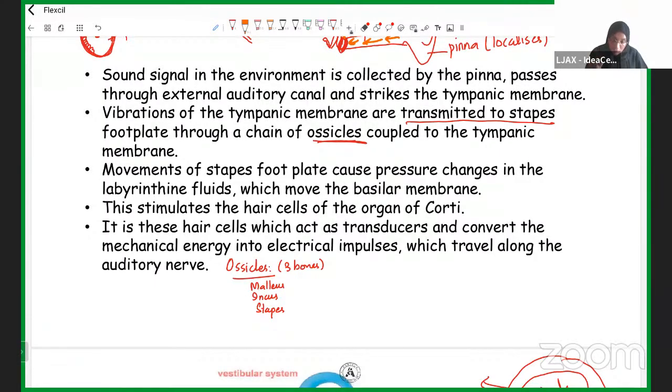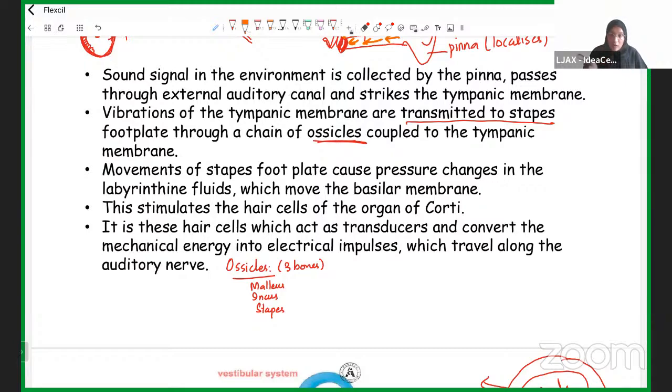From here, the vibrations of the tympanic membrane are transmitted to the ossicles, and from there, to the stapes footplate. Now, the movement of the stapes footplate causes pressure changes in the labyrinthine fluids. These labyrinthine fluids will stimulate the basilar membrane, and this basilar membrane movement will stimulate the hair cells of the organ of Corti.